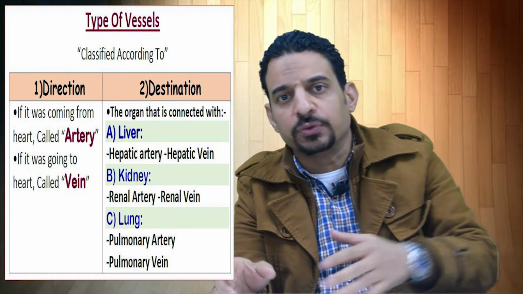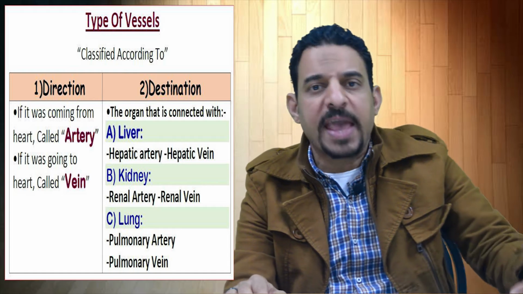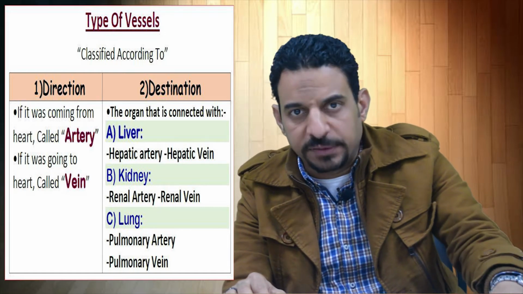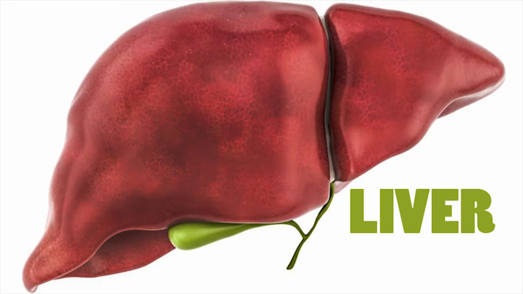The destination or the organ it is connected to, we have the other name of the artery or vein according to the organ. First one, we have liver. We have hepatic artery that carries blood from heart to liver, and the hepatic vein which carries blood from liver towards heart.